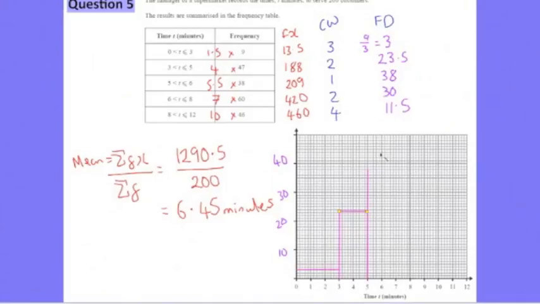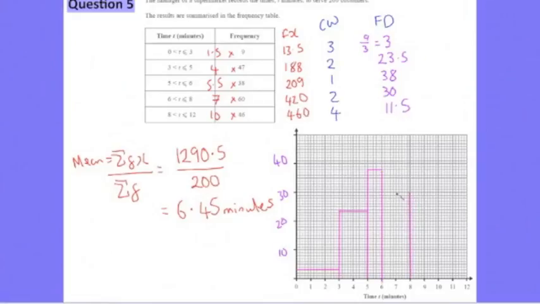The third bar goes from 5 to 6, so just across here. And then joining here for the 6. The next from 6 across to 8, and we are going up to 30.